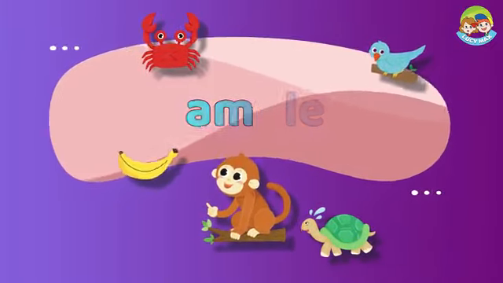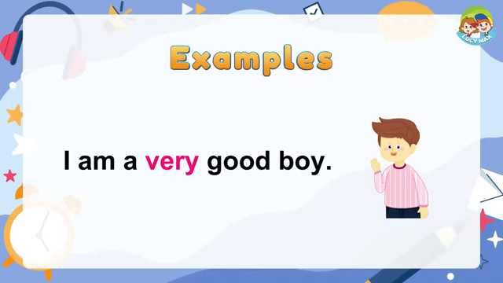Examples. Let's take a look at some examples. I am a very good boy. Very is the adverb. It adds information to good boy.